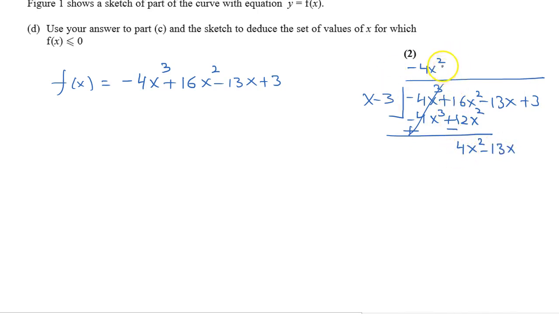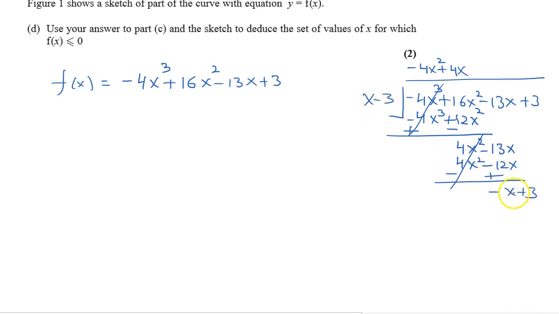Now again we need 4, so plus 4, and this is x, so we need one more x. 4x multiply x is 4x squared, minus minus plus, 4 times 3 is 12x. Again signs are the same, we change the sign. This negative and this will become positive. 4x squared minus 4x squared cancel. Negative 13x plus 12x will be just negative x plus 3.